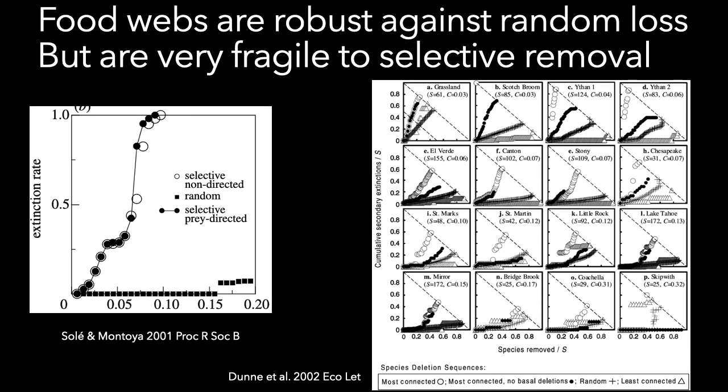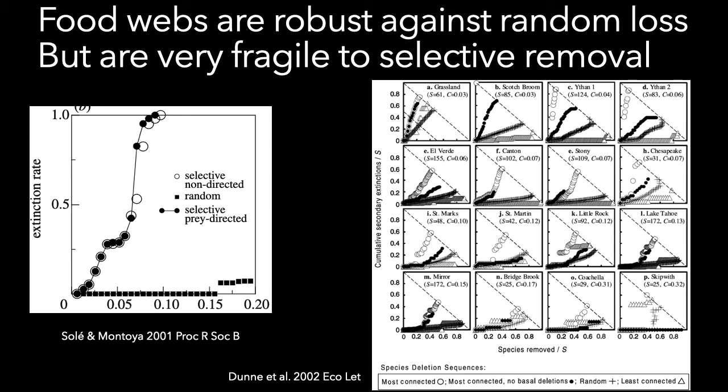So food webs are similar to this type of non-random networks in the way that they are quite robust against random loss. On the other hand, they are very fragile to selective removal.